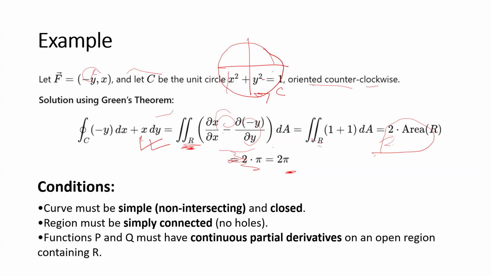The functions P and Q, where F is P(x,y) i cap plus Q(x,y) j cap, must have continuous partial derivatives on an open region containing R. These points have to be kept in mind.